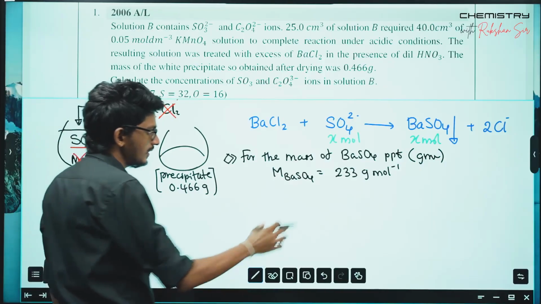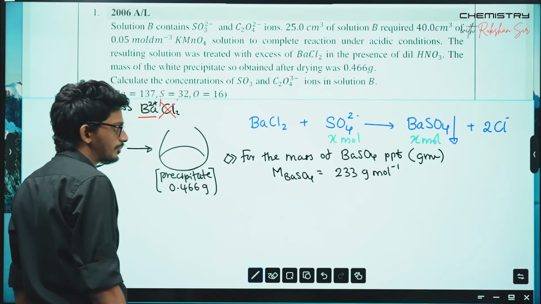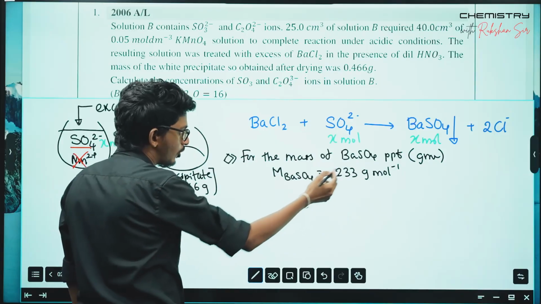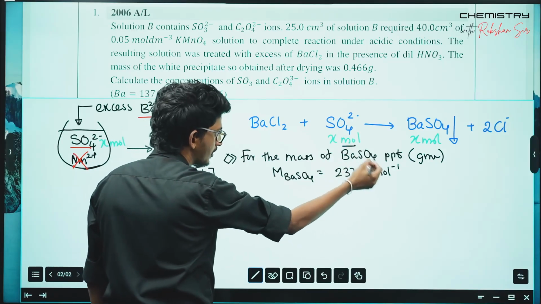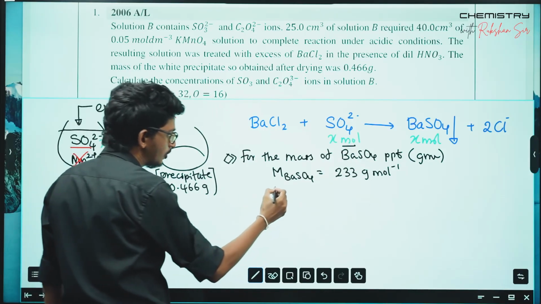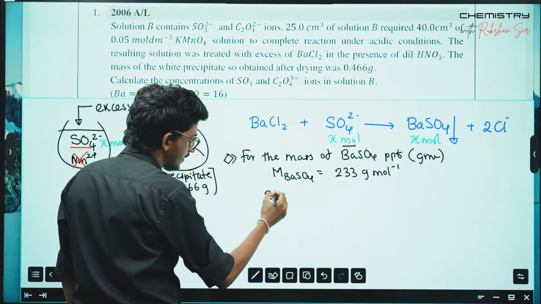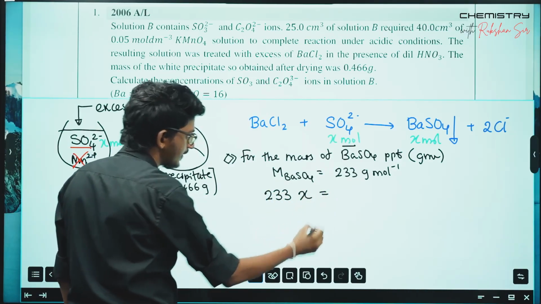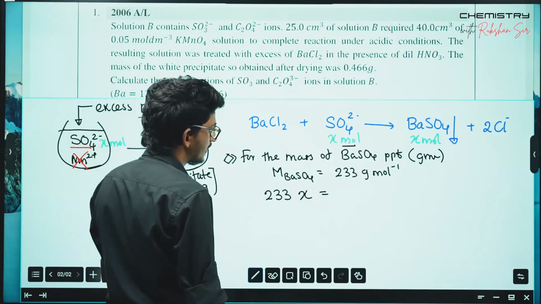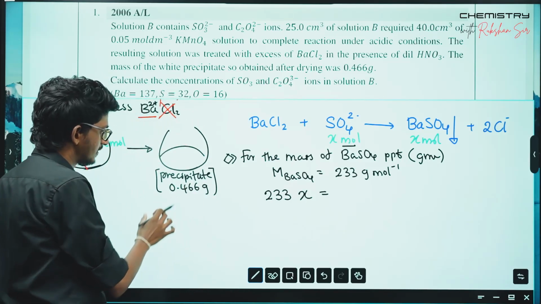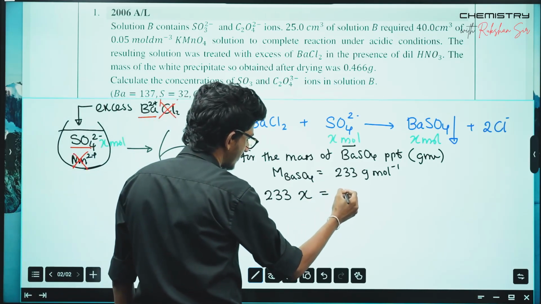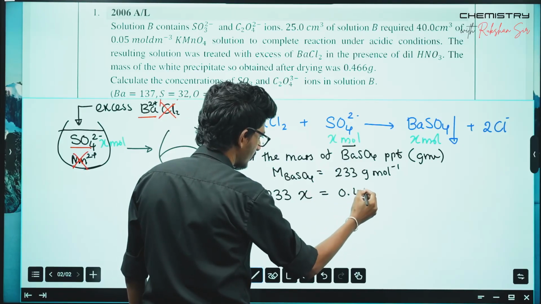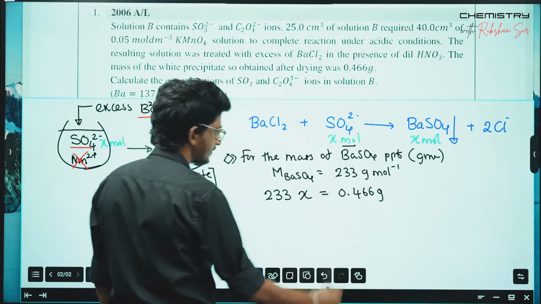So the weight of barium sulfate precipitate is the molar weight in g mol^-1 times the mole value, right? So that will give you 233 into X. That value is equal to what? The mass given here, the data point, 0.466 grams, right?